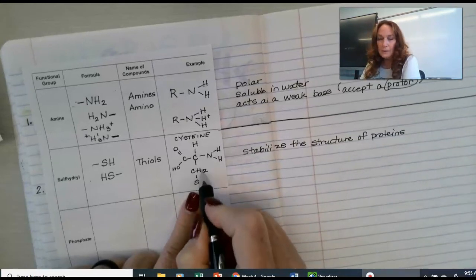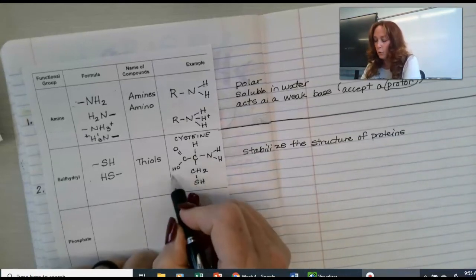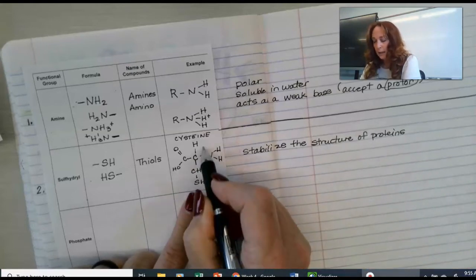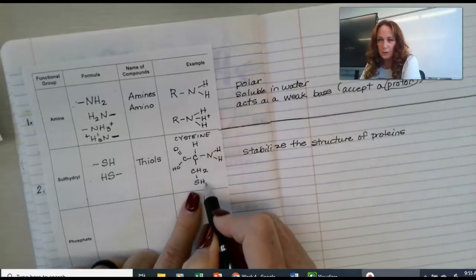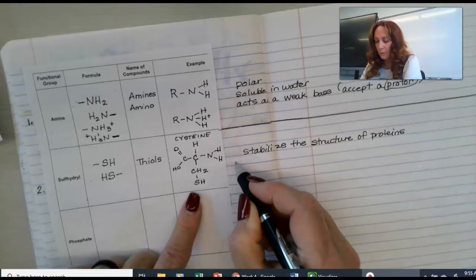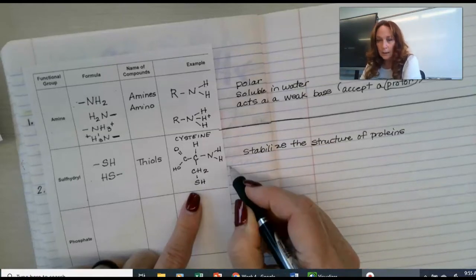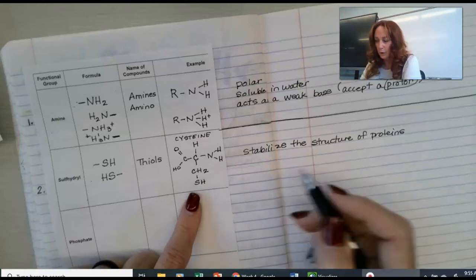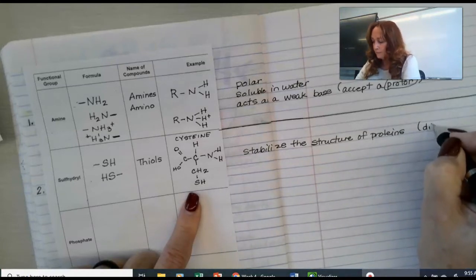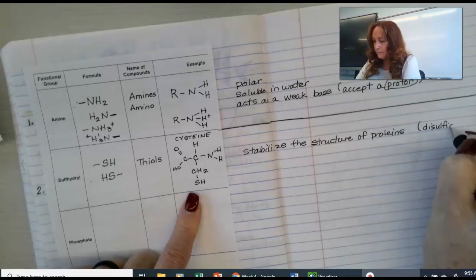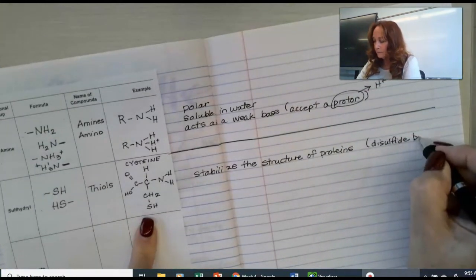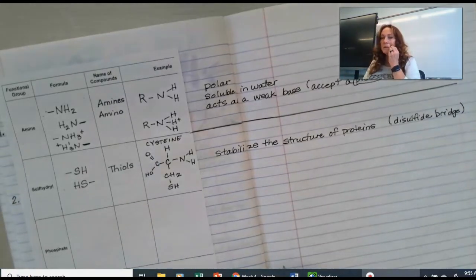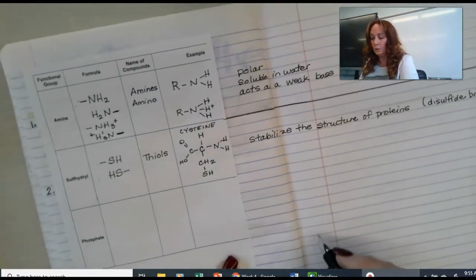What happens is, in a long chain of amino acids, a polymer of these, if you have two cysteines close enough to each other, they'll form a hairpin kind of loop, and they bond with each other and form a disulfide bridge. That's what it's called. And it just gives stability to that molecule.